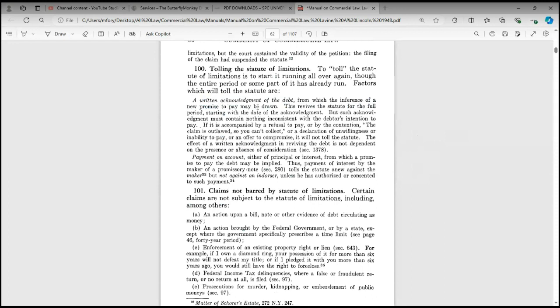But this acknowledgement restarts any period for them to try to foreclose on you. Because you're still saying, hey, I'm still paying you, I'm still doing this promise to pay. I just can't do the $1,500 a month or $2,000 a month no more. I got to cut it down to $1,200 or whatever it is.